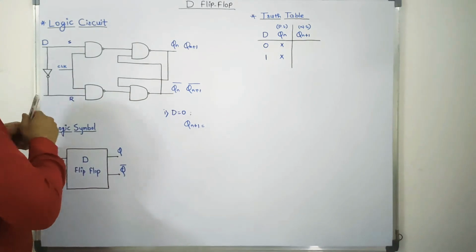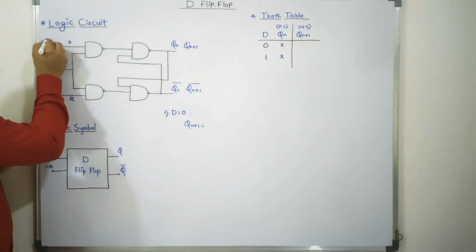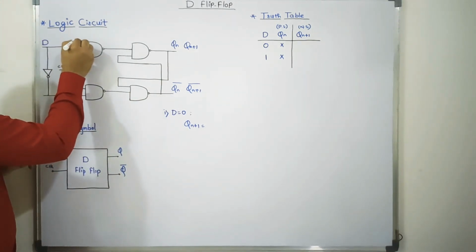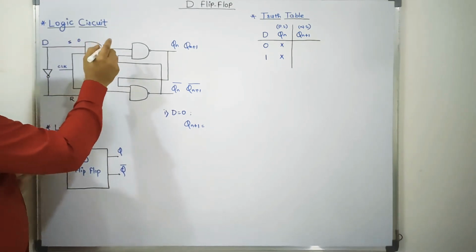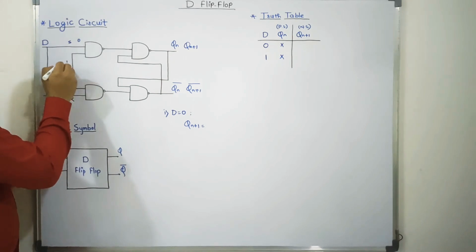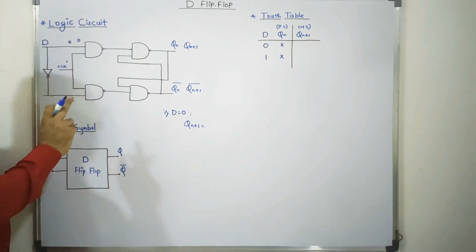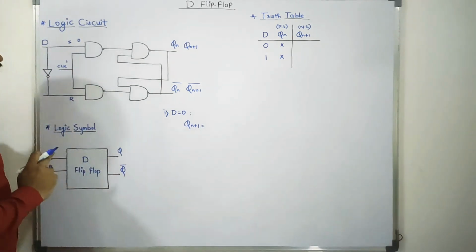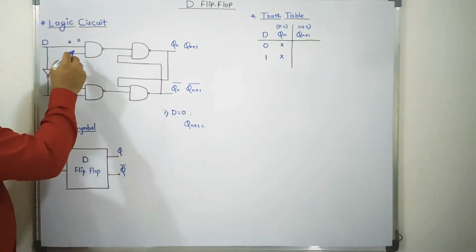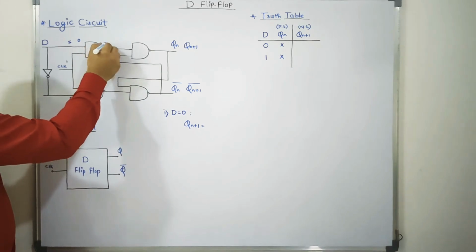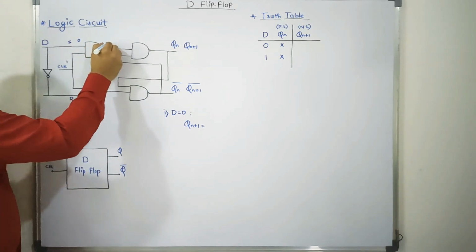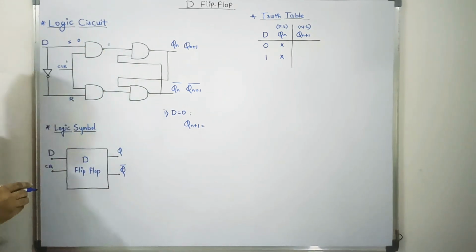If the value of D is 0, then 0 is applied, and the clock pulse is going to be 1, as I already told you. So 0 and 1 through the NAND gate gives the complement, that is 1.